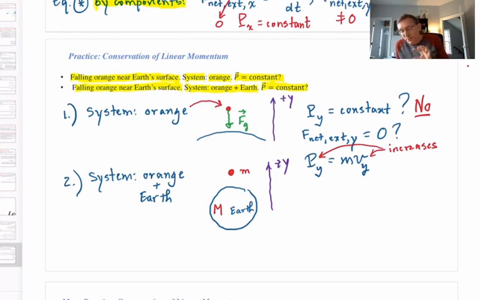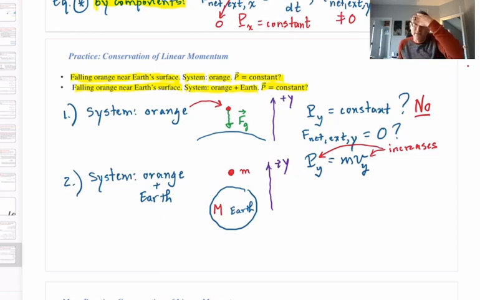Then the gravitational force on the orange from the Earth is internal, isn't it? Is there a gravitational force on Earth from the orange? Yes, there is. Newton's third law. If the Earth pulls down on the orange, then the orange pulls up on the Earth equally hard. Third law.